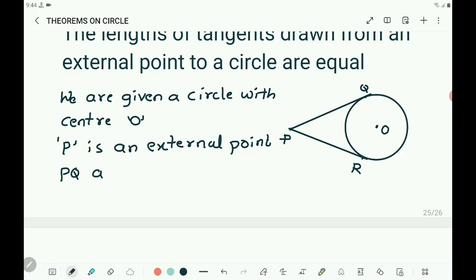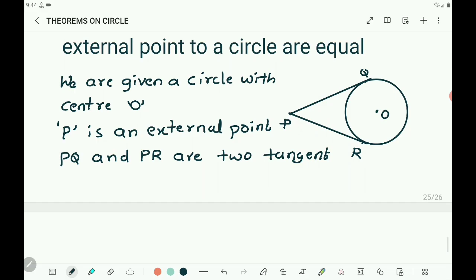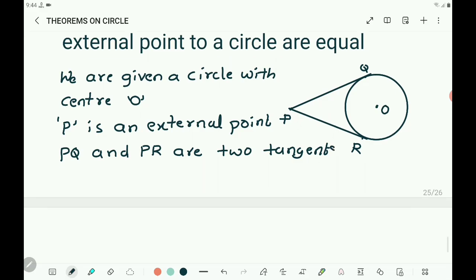PQ and PR are two tangents from the point P to the circle.